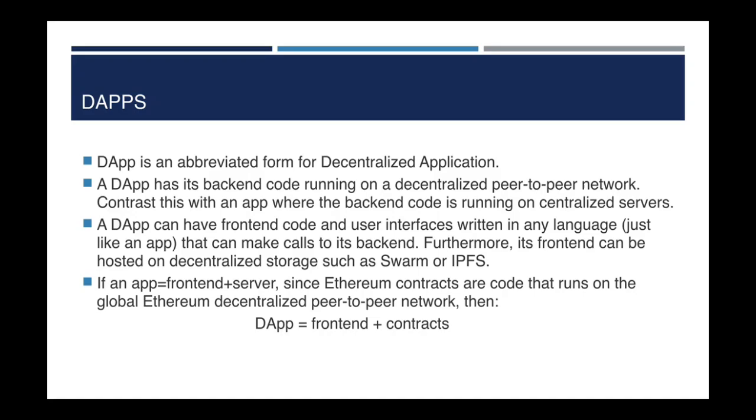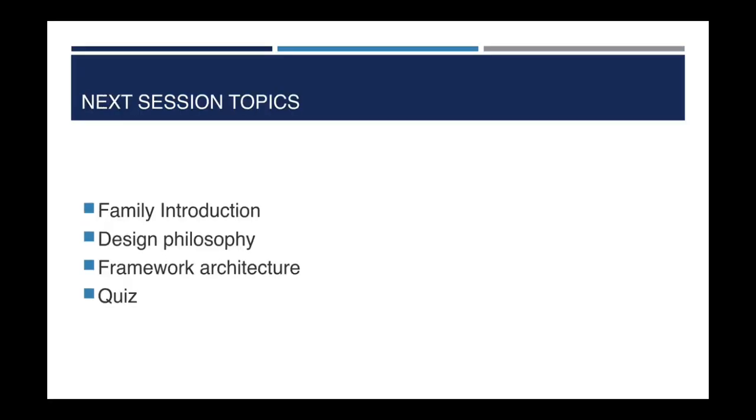So you can also make different components of the dApp distributed. For example, you can make the front end distributed and you already have the smart contracts distributed as well. So your distributed application is nothing but the front end and also the smart contracts.